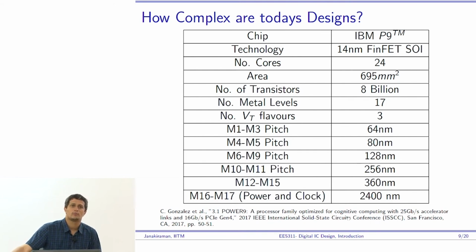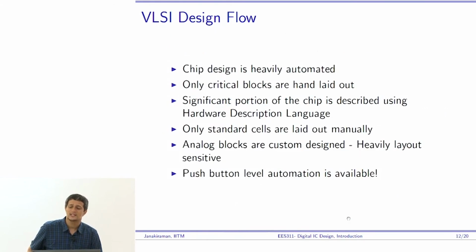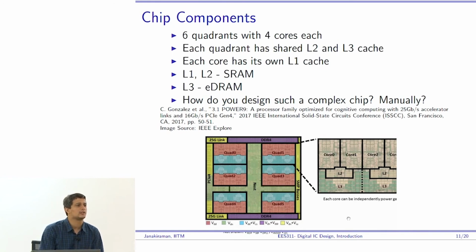It's an astonishing number. The total length is 11 kilometers in an earlier chip. So this chip is actually higher. It's in the order of tens of kilometers. Okay, so how do you even design such a chip which has 8 billion transistors, which has 11 kilometers of interconnect? You cannot possibly do this manually, right? And therefore, what do I do?